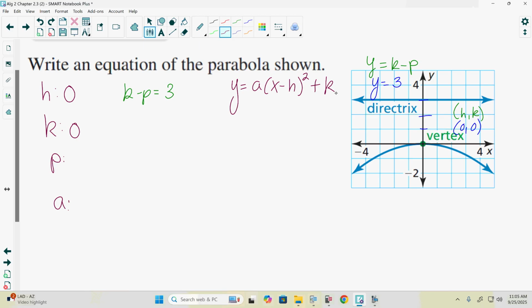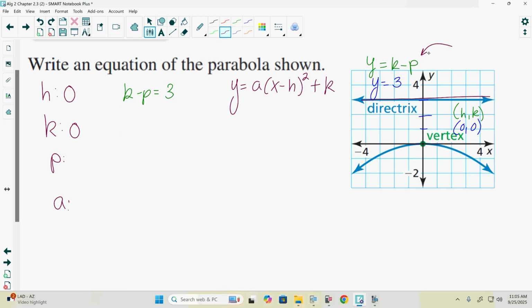Since the directrix is a flat line, it's y equals; a vertical line is x equals, a horizontal line is y equals. So since this is y equals 3, this is the general form of the equation: y equals a times x minus h squared plus k.